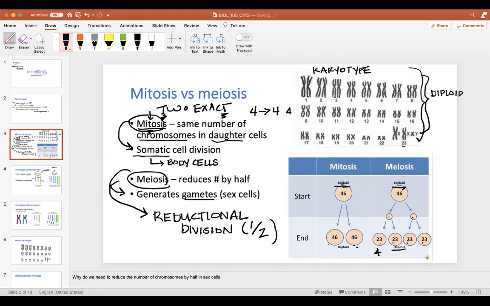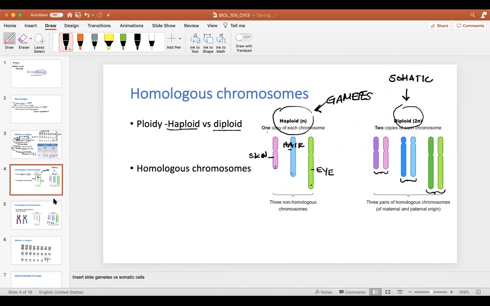All right? Now let's talk a little bit further about something called homologous chromosomes. These are 2 copies of this pink chromosome here. So this is called a homologous pair. Homologs, homo means like, right?